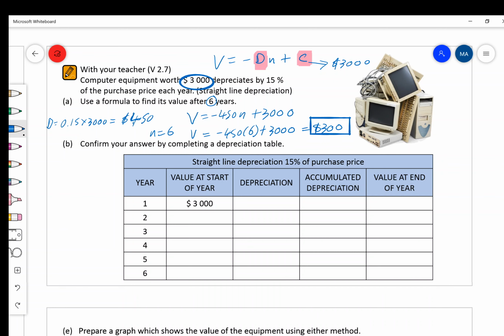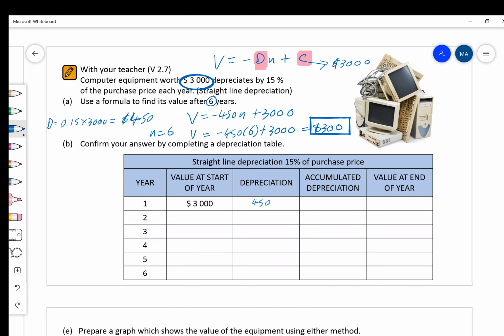Now we're going to go through this table just below and complete it, and that will confirm our answer to A, because we'll be getting the value after 6 years. It's important to go through this process, because it gives you a feel for how straight line depreciation works. Let me show you how to start. We know that the depreciation is $450.